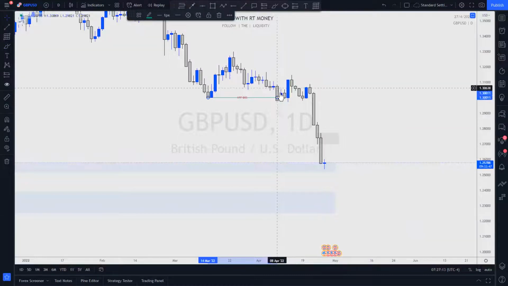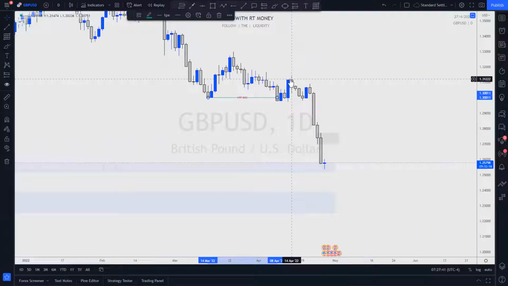We're looking for structure to be broken not by a wick. If it's by a wick, then we know it's just a sweep of liquidity, especially if it turns around and goes the opposite way directly. But when there's a close behind, there is a commitment shown by the market. We're looking at the intent of price, if you will. So we have a commitment to go lower.